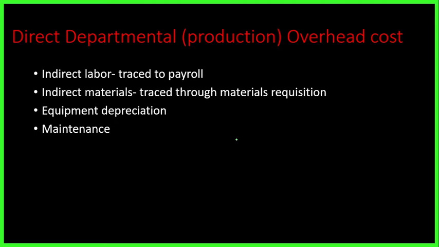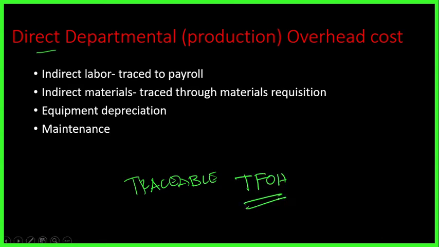You have your direct departmental production overhead cost. This one is also known as your traceable factory overhead.